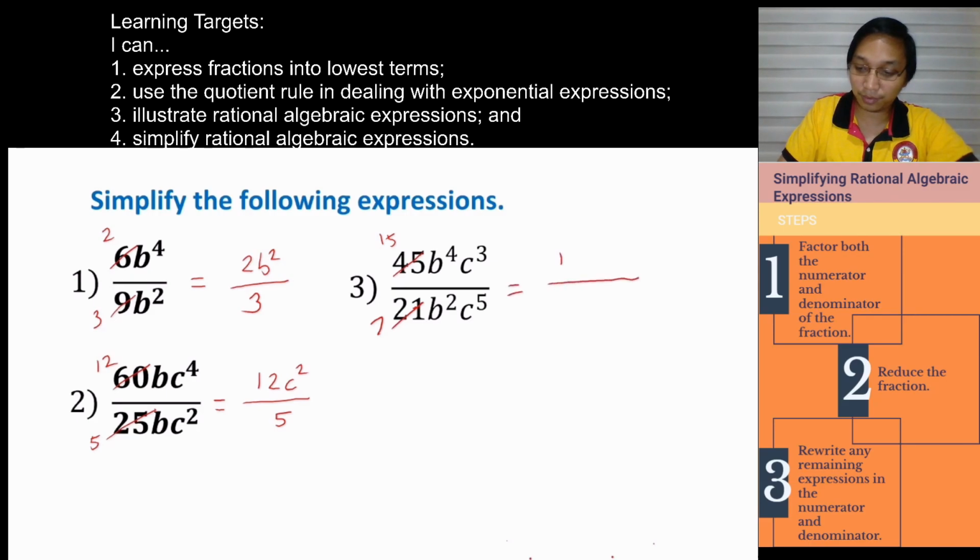So we write 15 in the numerator, 7 in the denominator, b squared in your numerator. c cubed over c to the fifth, we get 3 minus 5, which is negative 2. So negative exponent will not be accepted. So we bring it down to the denominator. So it will be c squared.